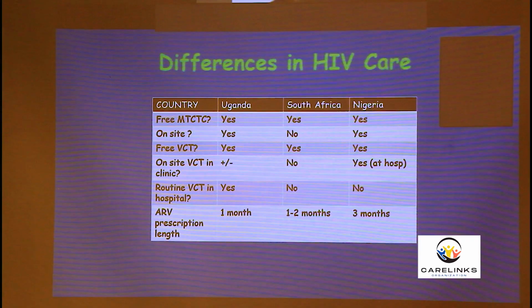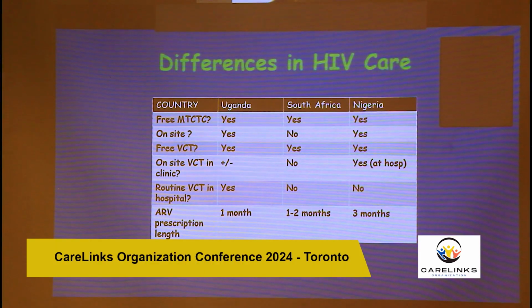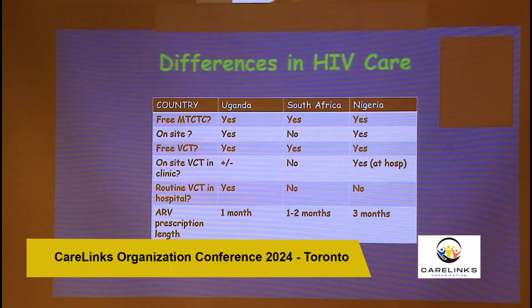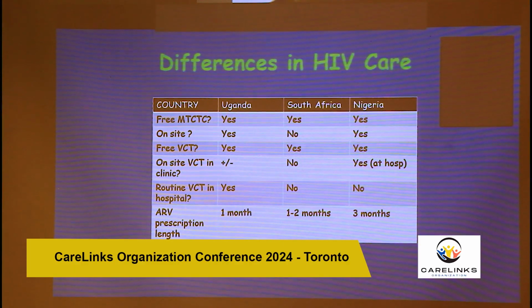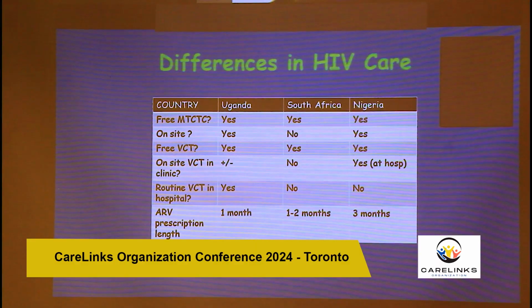In terms of voluntary counseling and testing, to get an HIV test, it's available in all places and often on site in the clinic, although not in South Africa. And generally testing is not routine in hospital. It is in Uganda, but in South Africa and Nigeria things may have changed, but when I was there, patients had to ask for an HIV test.